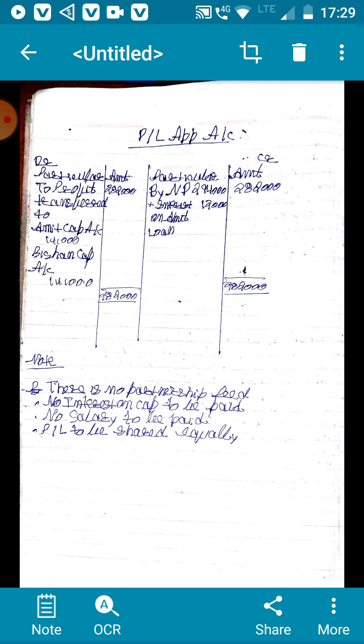So 1,41,000 is credited to Amit's capital account and 1,41,000 is credited to Vision's capital account.